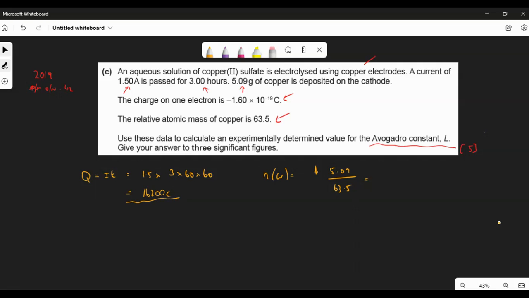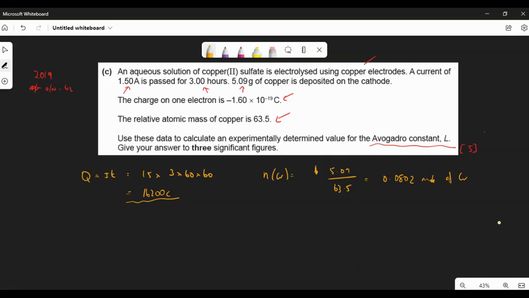Again, I know I've said this before, but it's me waffling on and using a calculator and stuff. I would do these videos at double time, I must admit. So that's 0.0802 moles of copper.